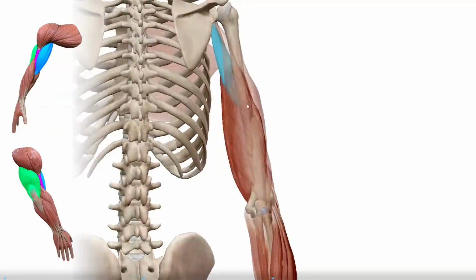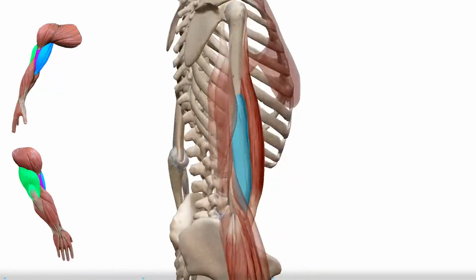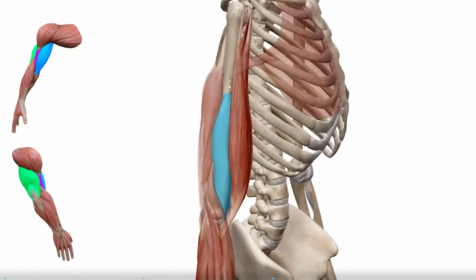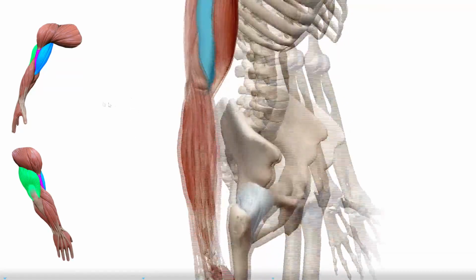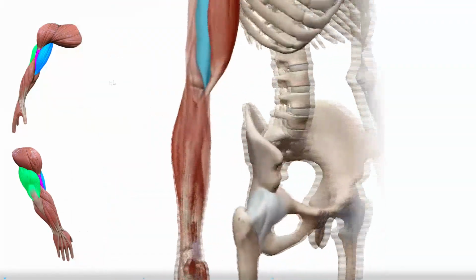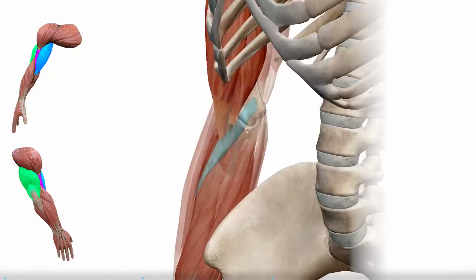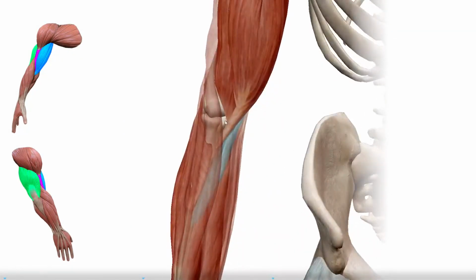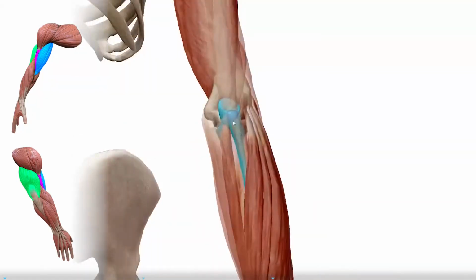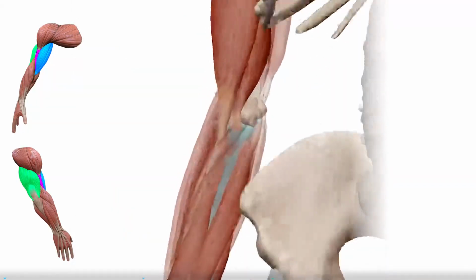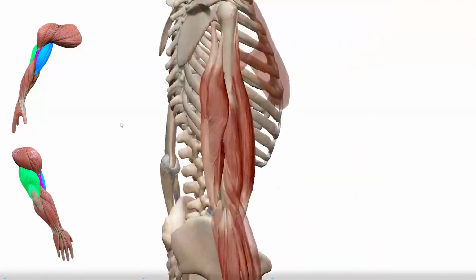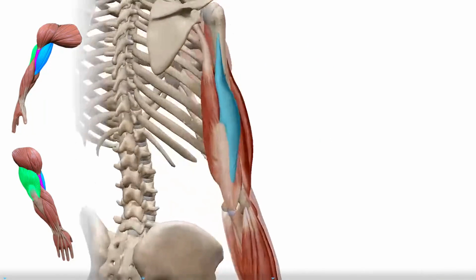It'll start from here as well, towards the center of the humerus, and it'll attach directly onto the bone. So again, it's the tendon and then the muscle, and it's going to end right onto the ulna. This bone right here, the bone for your elbow, is where the brachialis is going to attach. And then finally, on the back right here, we have the triceps brachii.